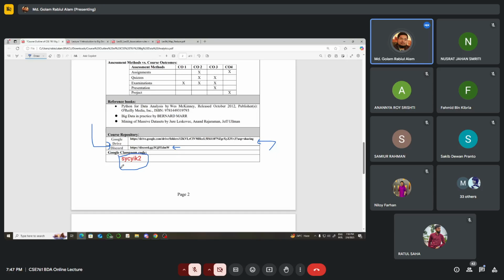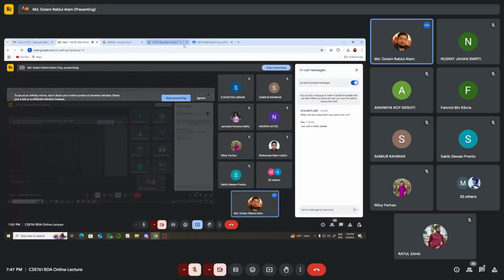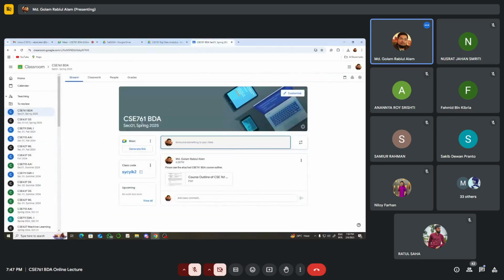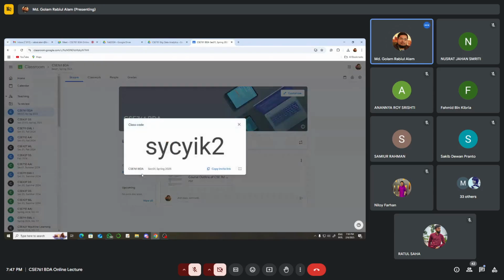Please note this code to join our Google Classroom. I have already uploaded the course outline there, so if you join, you will get it.